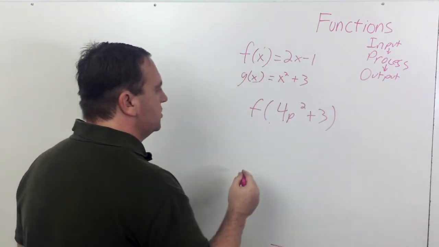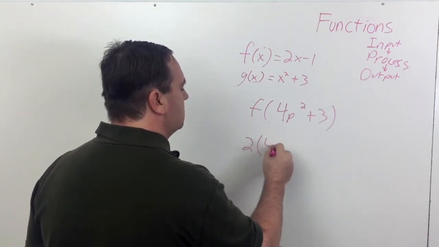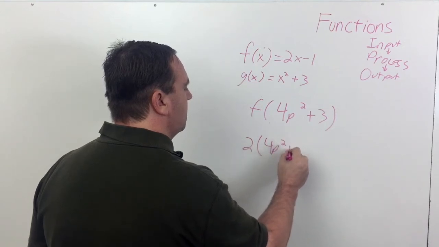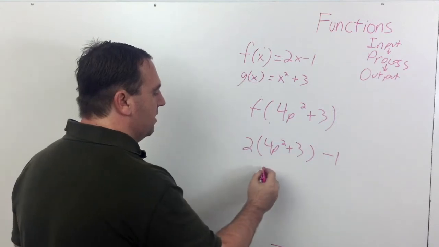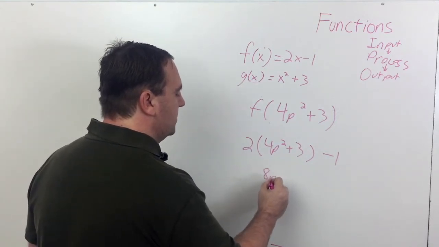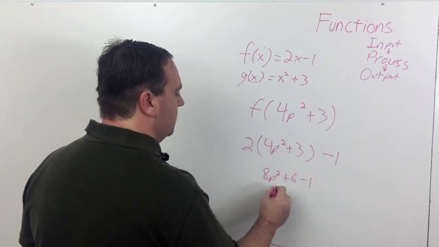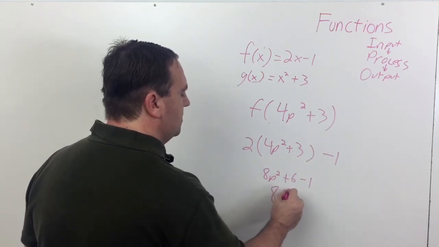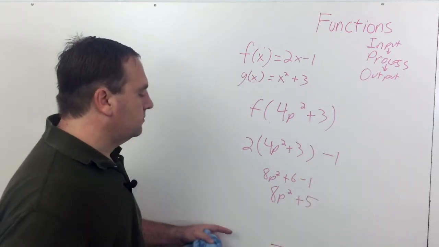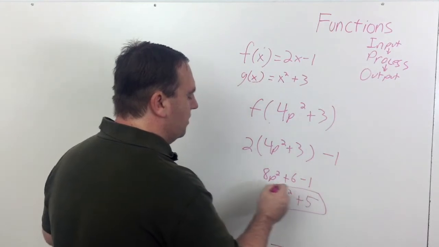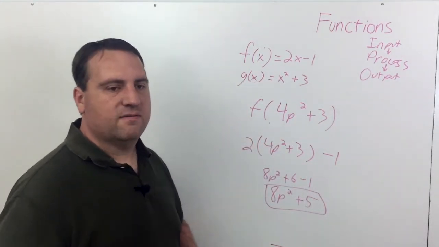Okay, so our F machine takes 2 times our input, 4P squared plus 3, minus 1. So that becomes 8P squared plus 6 minus 1. That's 8P squared plus 5. So after a complicated set of operations, we wind up with 8P squared plus 5.